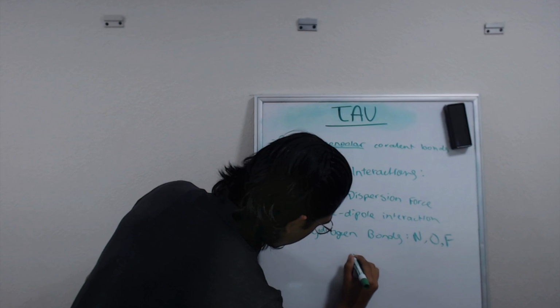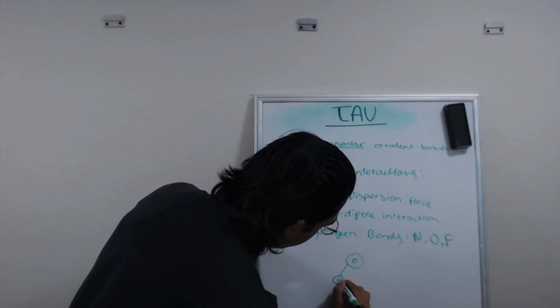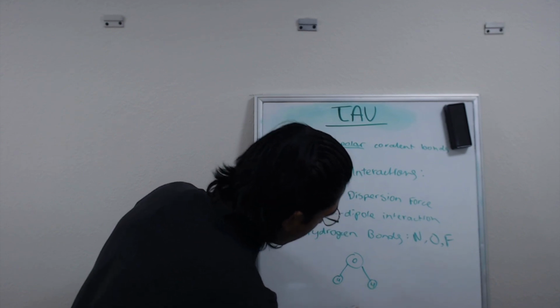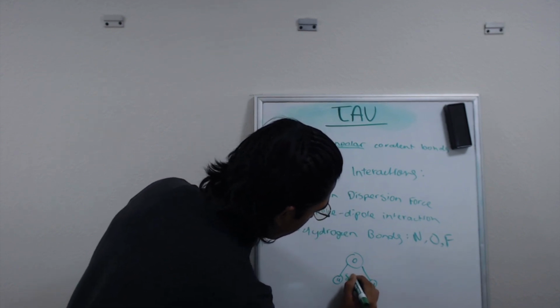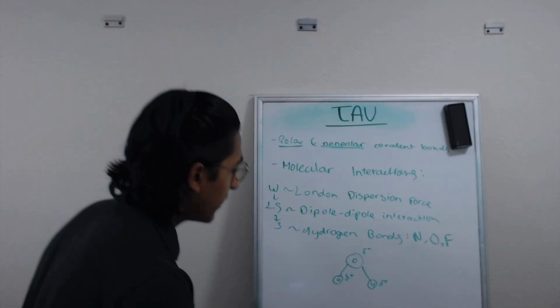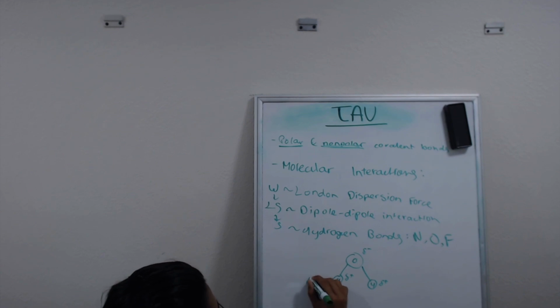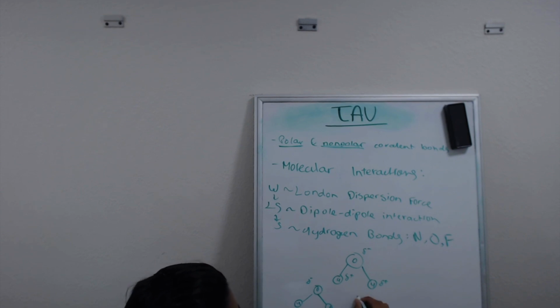So you have oxygen here that's tied to two hydrogens, right? The hydrogens are all partially positive and the oxygen is partially negative. Let's say you have another partially negative oxygen with two hydrogens, another partially negative oxygen with two hydrogens, right?